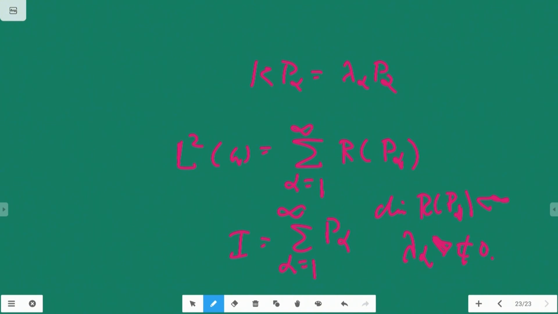Considering the range space of P alpha, you show that it is invariant under K, and so P alpha is also invariant under left shifts. That is, if F belongs to the range of P alpha, then F of G inverse will also belong to the range of P alpha.